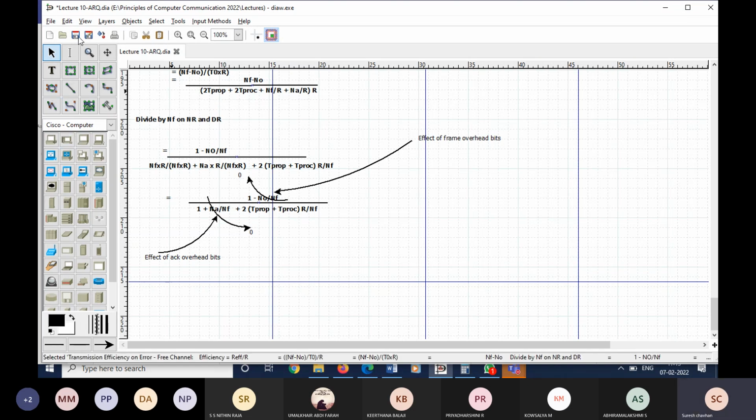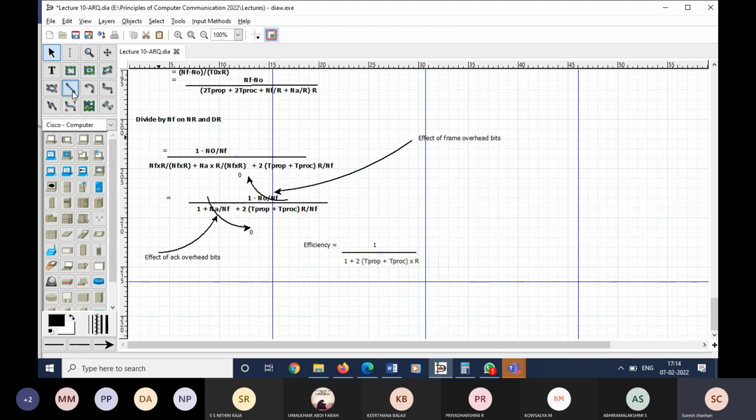So I'll write this efficiency: efficiency equal to 1 divided by 1 plus what we got, 2 times T propagation plus T processing into R. I'll write one more here.